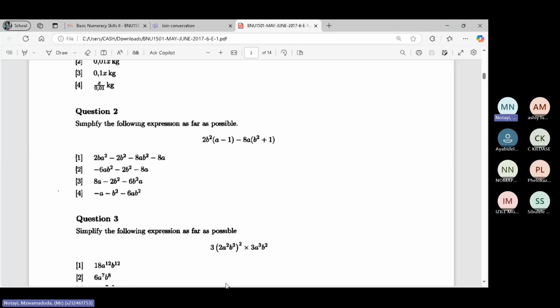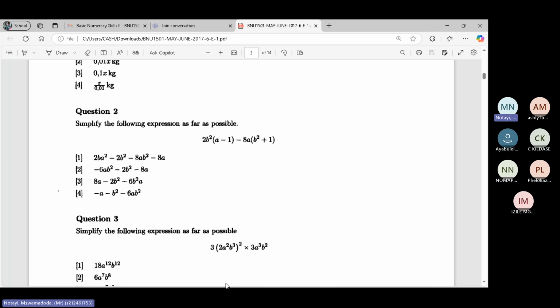Okay, we have 2b multiplied by a minus 1, minus 8a multiplied by b squared plus 1. So I said 2b squared multiplied by a, minus 2b squared multiplied by 1.